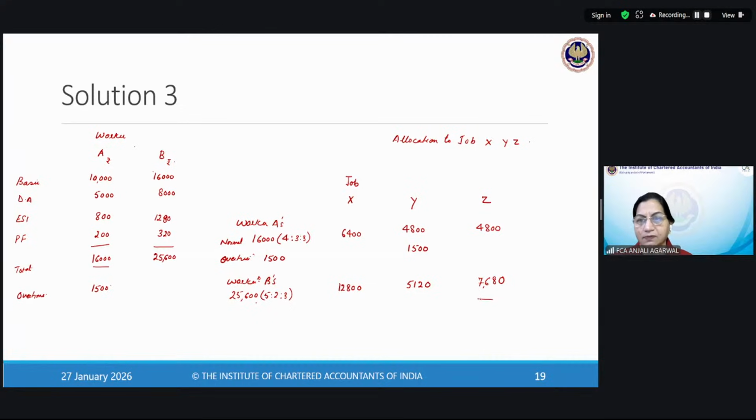Seven six eight zero. So this is how you allocate the cost to the three jobs. Okay. 4,800 plus 1,500 plus 5,120.